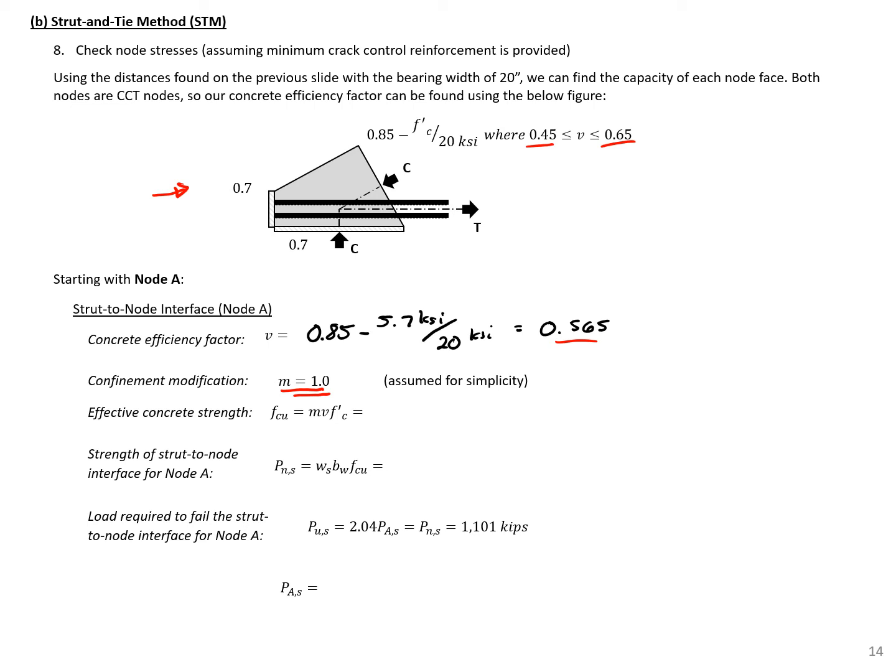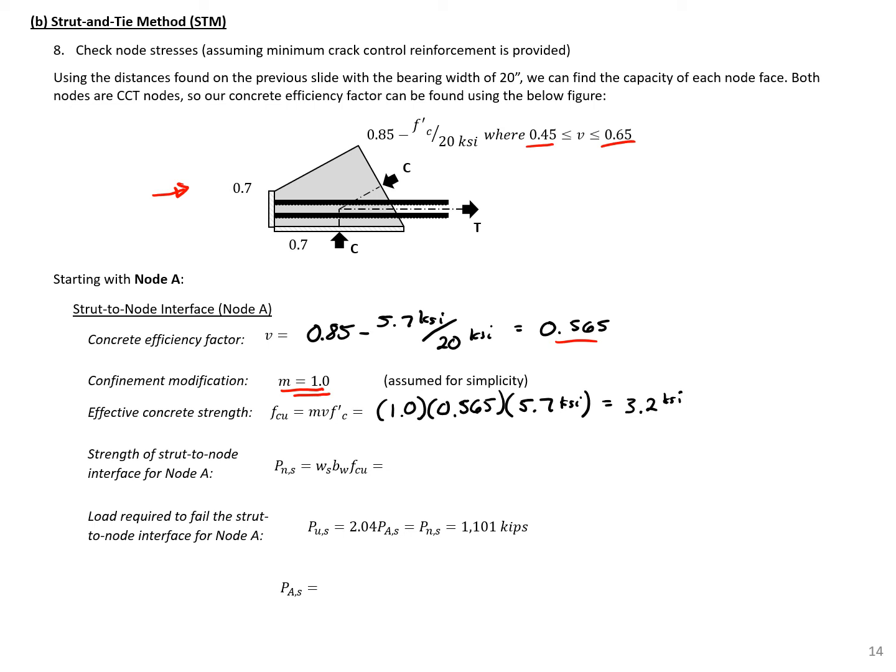So our effective concrete strength then is going to be 1.0 times 0.565 times 5.7 KSI, which will give us a value here of 3.2 KSI. We can use that then with our areas that we found before.